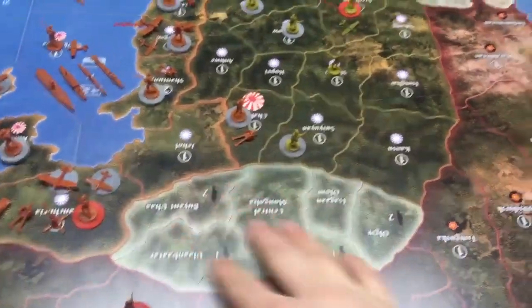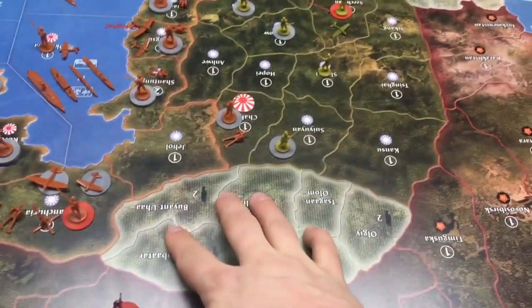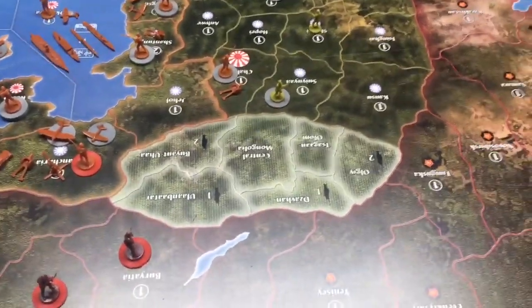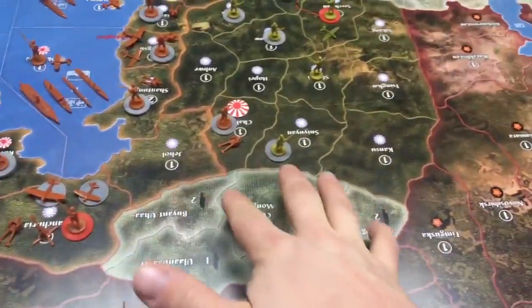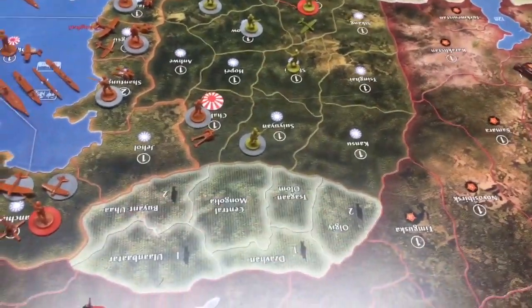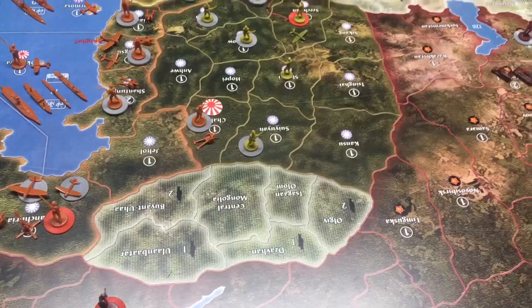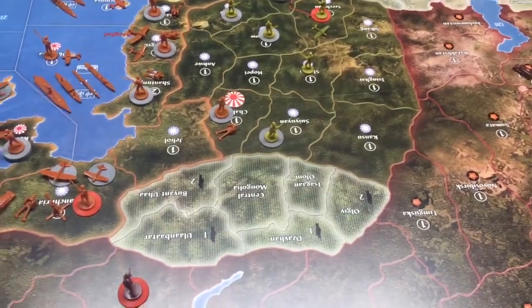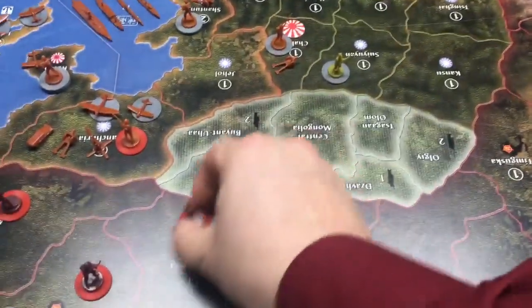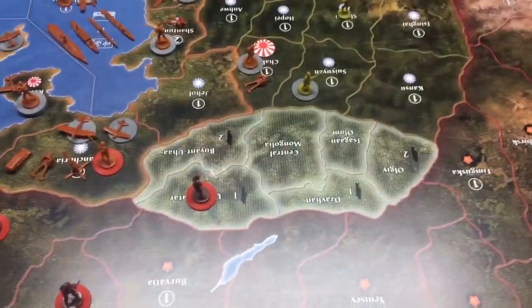Not only are they giving away the control of Mongolia if the situation ever occurred that they were attacked, but they're giving the Japanese the control of any other standing army on Mongolia, plus any strict neutral on the board. It's going to activate.